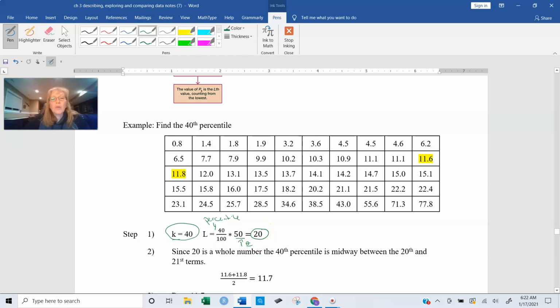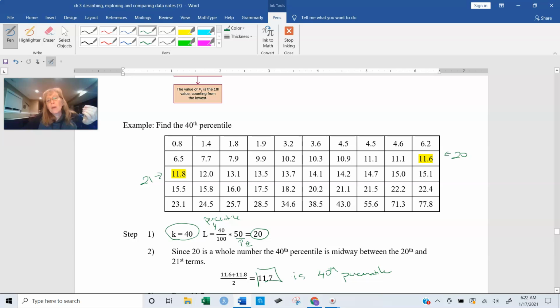Well, 20 is a whole number, so since I can't round up to get to it, I find the 20th and the 21st. So I look for the 20th and the 21st, which is 11.6 as the 20th and 11.8 as the 21st. You add those up and divide by 2. So 11.7 is the 40th percentile. It's not in our data bank, but that's what it is.